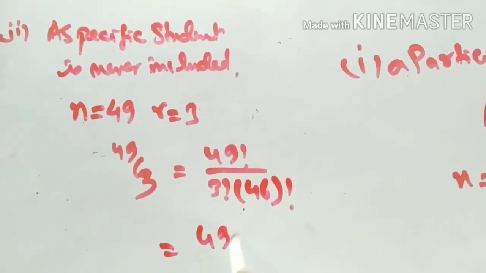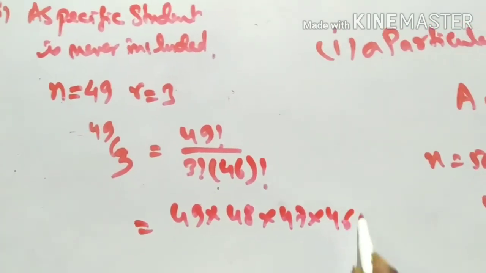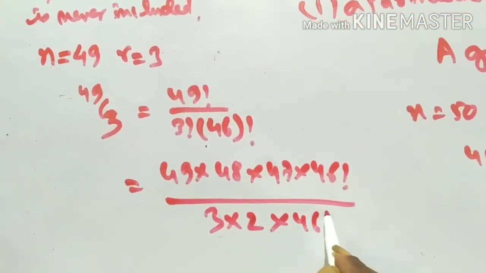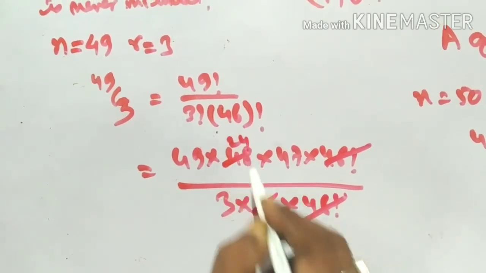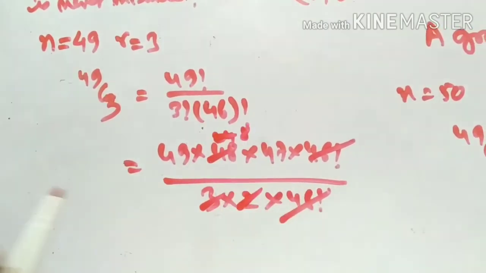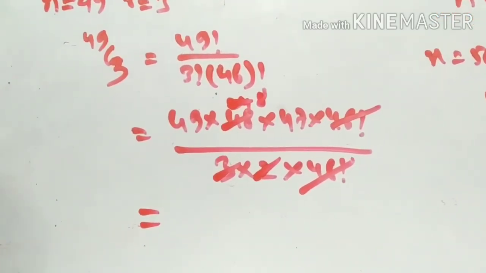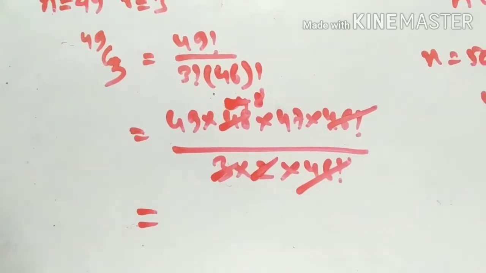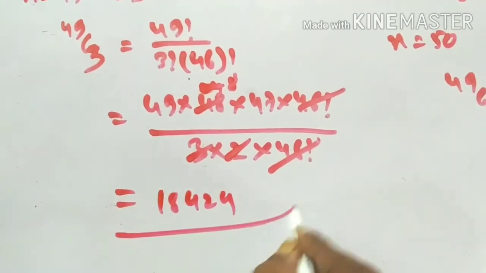So 49 into 48 into 47 into 46 factorial by 3 factorial, which means 3 into 2 into 46 factorial. This cancels out. Your 2 is 24, and 3 is 8. So your result is 49 into 8 into 47. Your result comes out to be 18424. This is your answer.